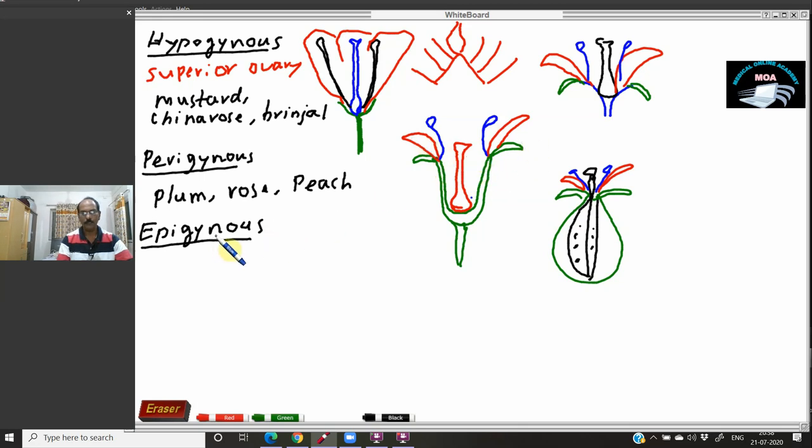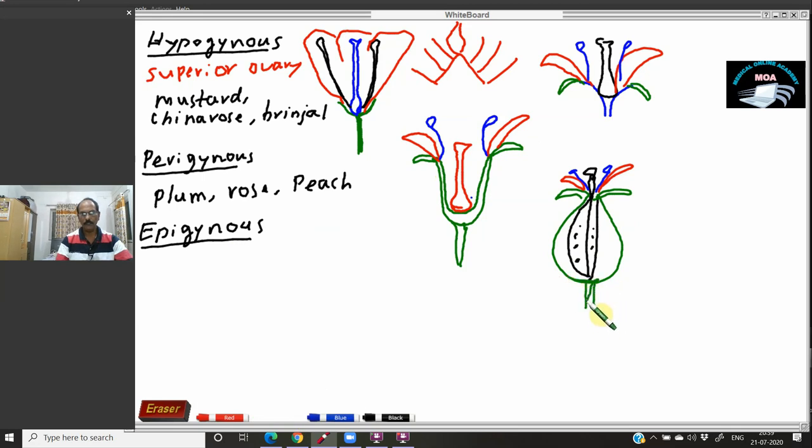In the case of the epigynous flower, the thalamus enlarges completely and closes totally, and after closing, the gynoecium is in the center, and all other whorls are arranged at the closed point here. So that is the difference between the epigynous and the perigynous flower.